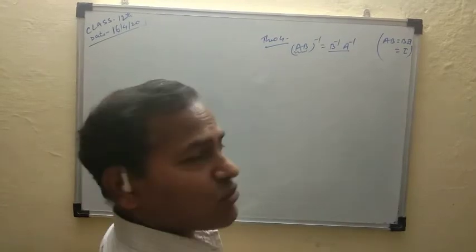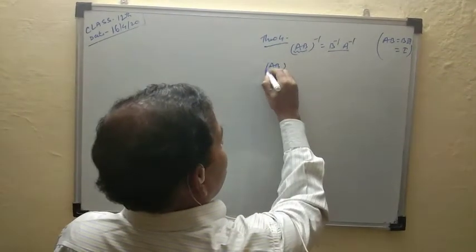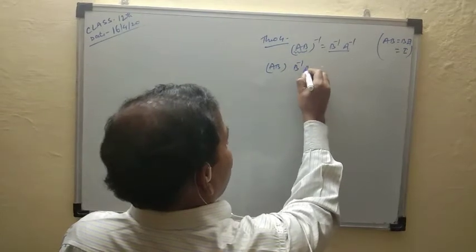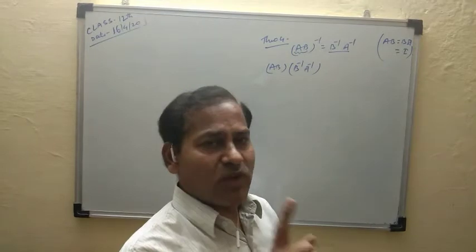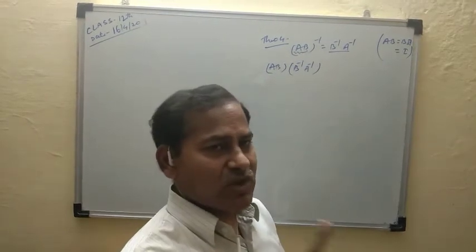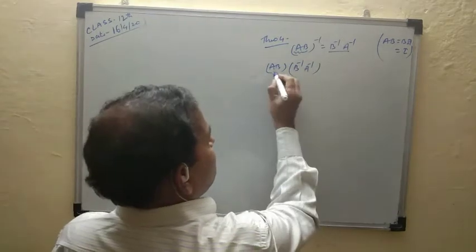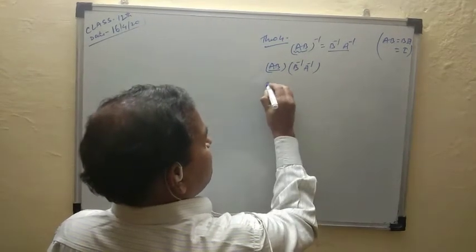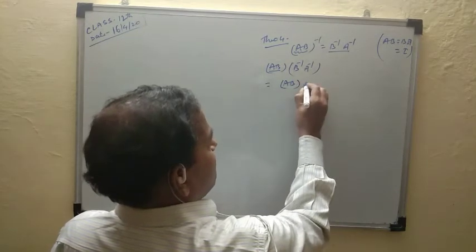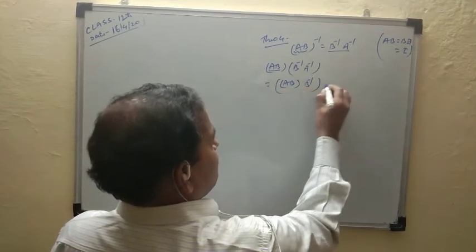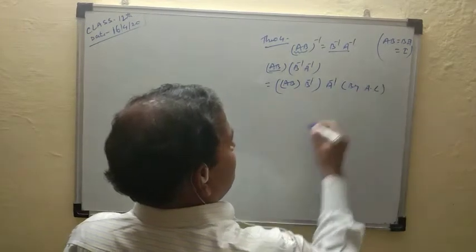So find here the product of these two matrices, that is, find AB into B inverse A inverse. If the product of these two matrices is equal to the identity matrix, then one is the inverse of the other. So use the associative law. This is equal to A into B into B inverse into A inverse by the associative law.